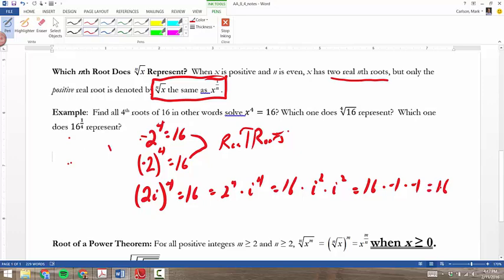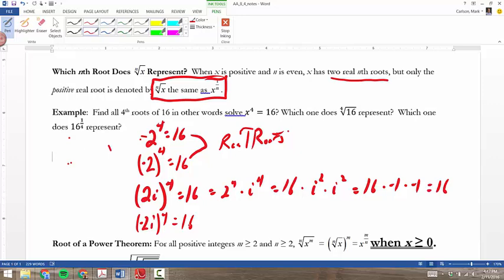So 2i to the fourth is also 16, which would also mean that negative 2i to the fourth would be 16. So we actually have four fourth roots of 16.